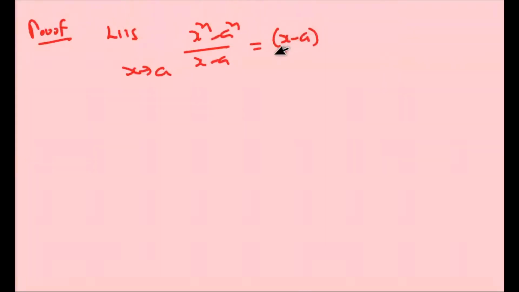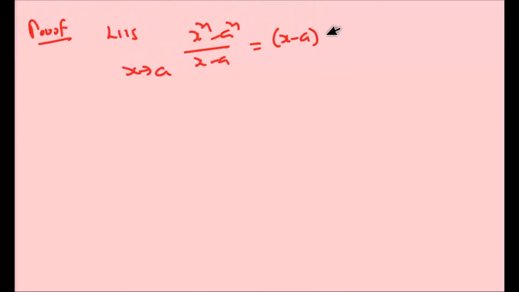Let it be the proof. LHS: (x to the power n minus a to the power n) upon (x minus a), x tends towards a. Now student, you can find the factors of this using the factor theorem.